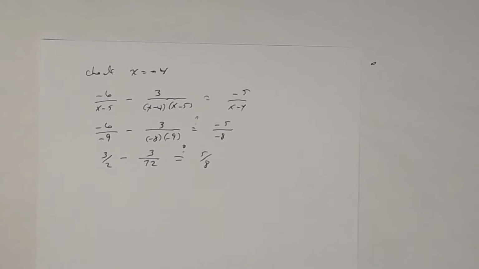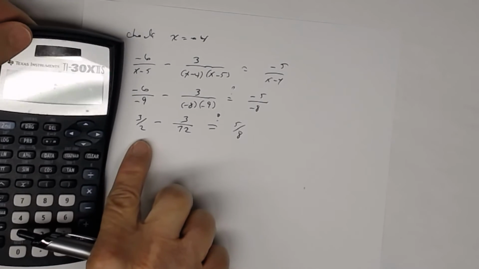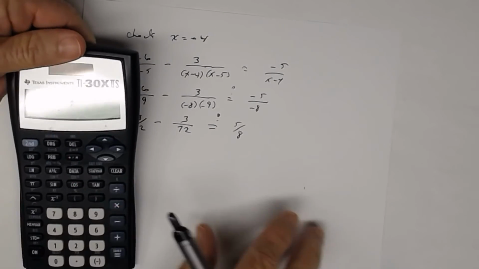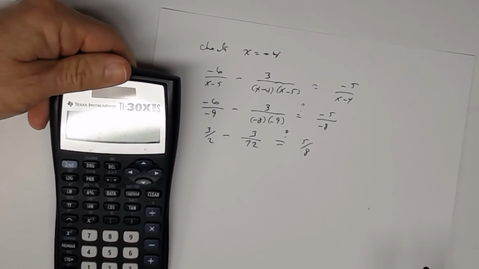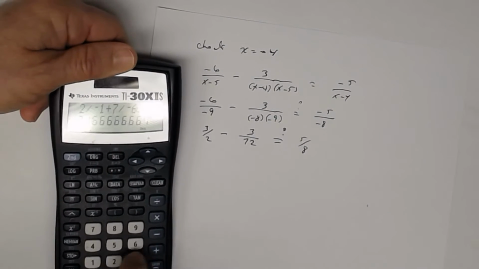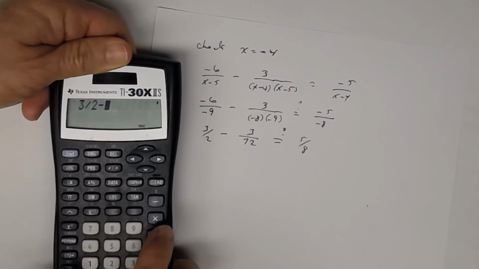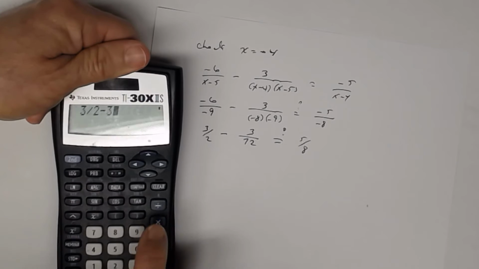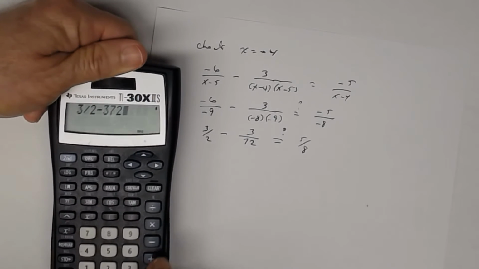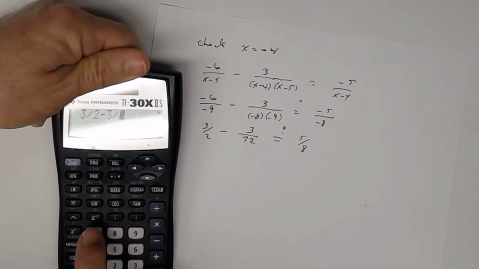Now use your calculator. You have access to a calculator. So I'm going to say 3 divided by 2, minus 3 divided by 72.